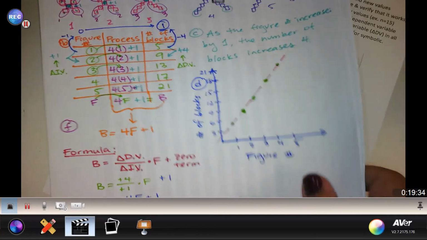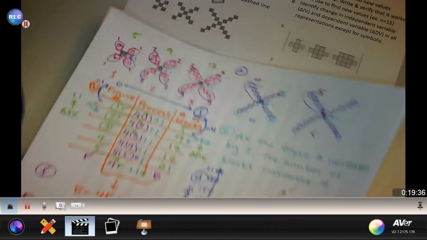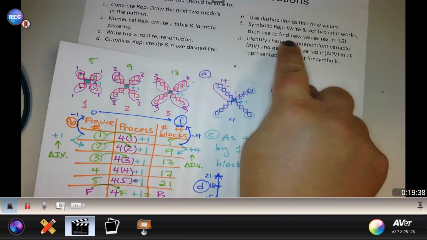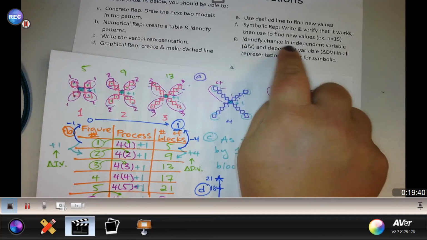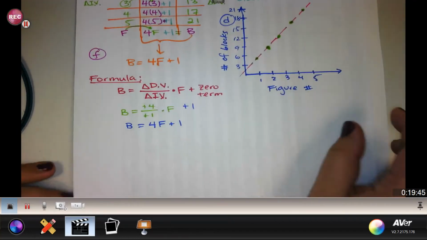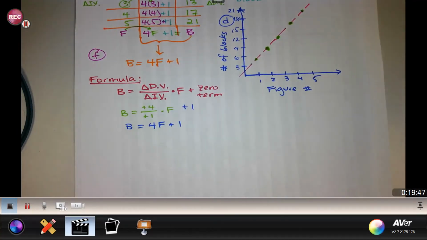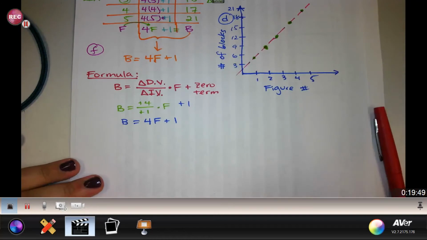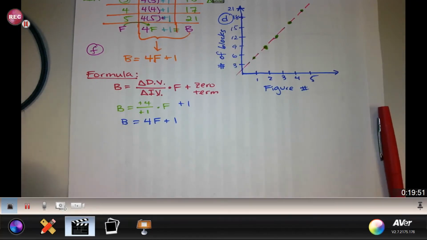Now, I'm still on part F because part F says be able to use the representations to find new values. And my example was like n equals 15. I didn't end up using n, but what it means is you can come up with these on your own. That's how you should practice things essentially.